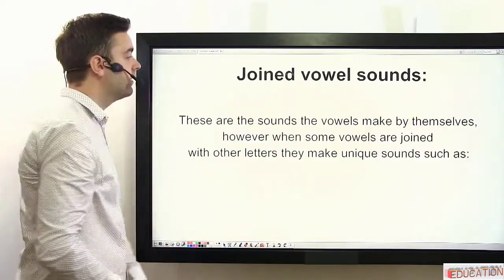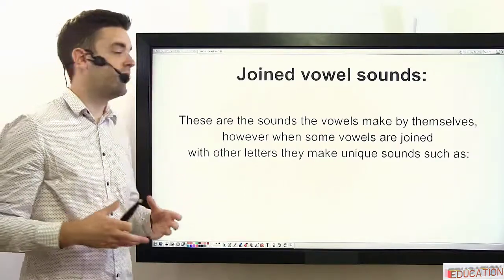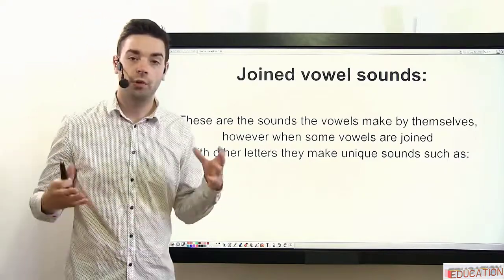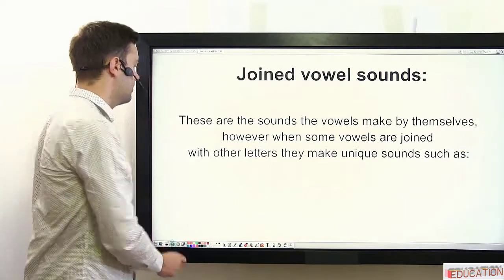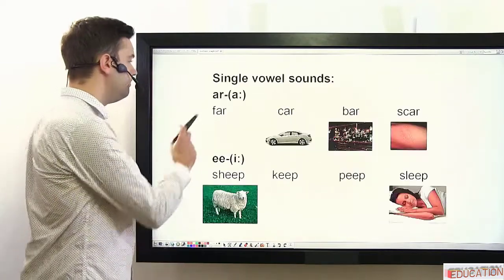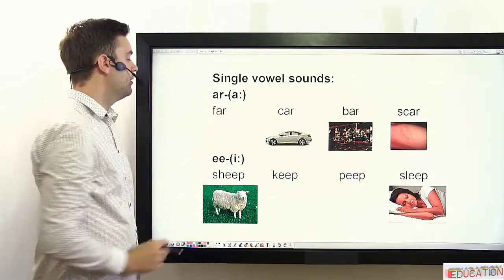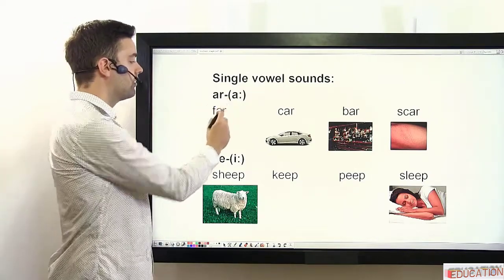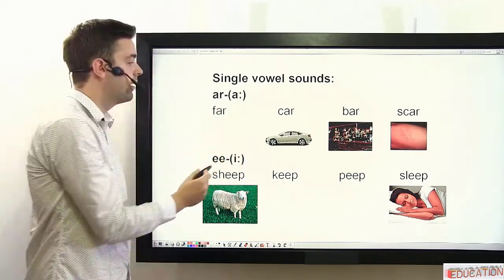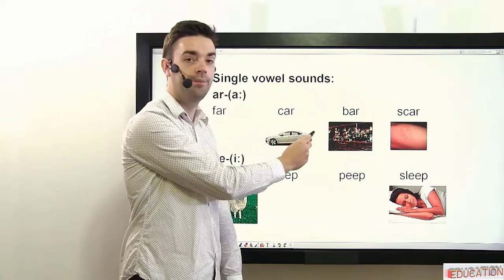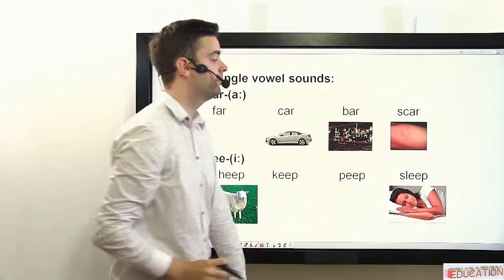So let's now join some of the vowels together. Those were the sounds the vowels make by themselves. However, when we join them, they make some different and unique sounds, such as when we join A and R, we get ar. So far, car, bar, and scar.